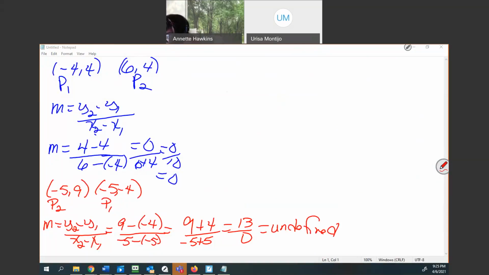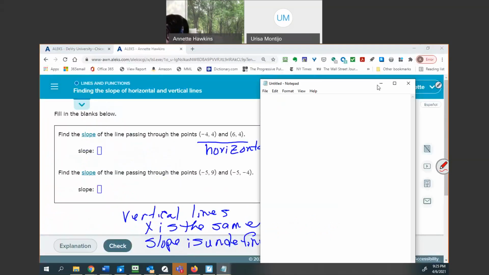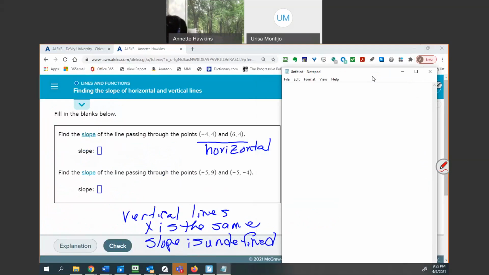Now let's plot these so that you see what they look like. And so we got (-4, 4), and then we got (6, 4).